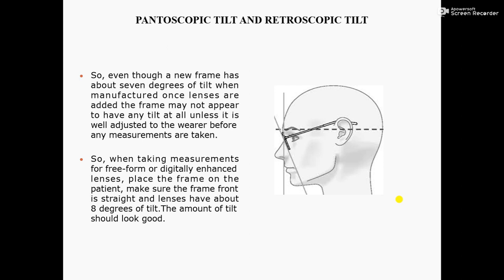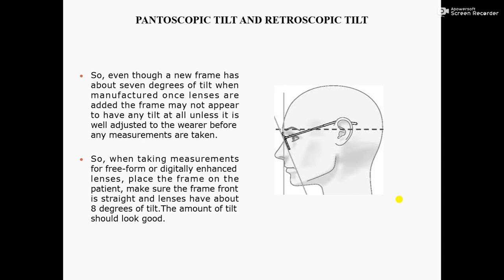Next, when taking measurements for free-form or digitally enhanced lenses, place the frame on the patient. Make sure the frame front is straight and lenses have about 8 degrees of tilt.